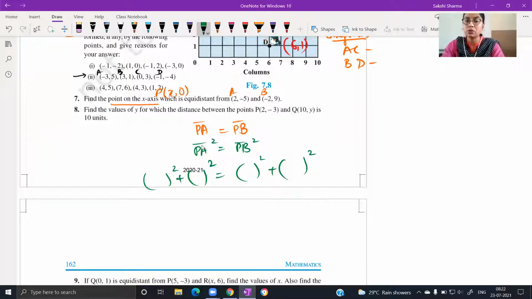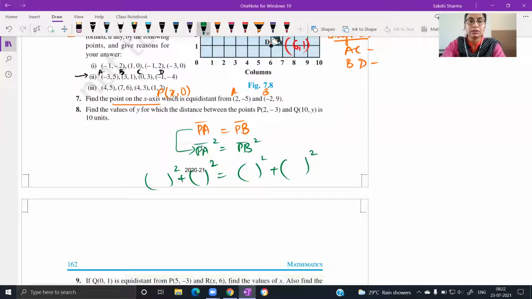You'll get something of this sort. Abscissas difference squared plus ordinates difference squared equals, on the right hand side, P और B points के abscissa का square plus ordinate के difference का square. So you can solve it that way. Either way, it's fine. This is how I would usually prefer. पहले square कर दो ताकि square root हमें लिखना ही ना पड़े.